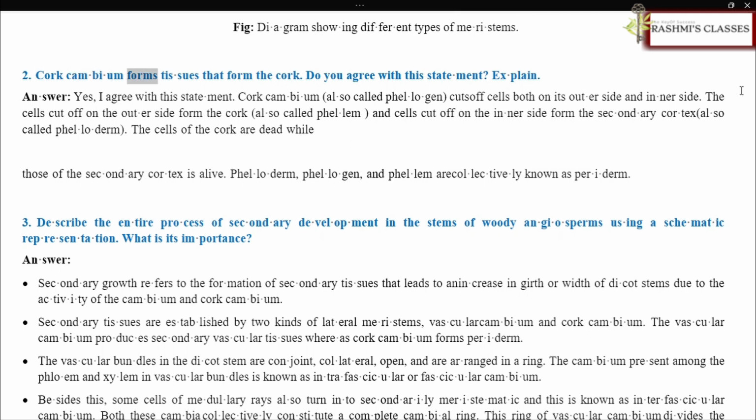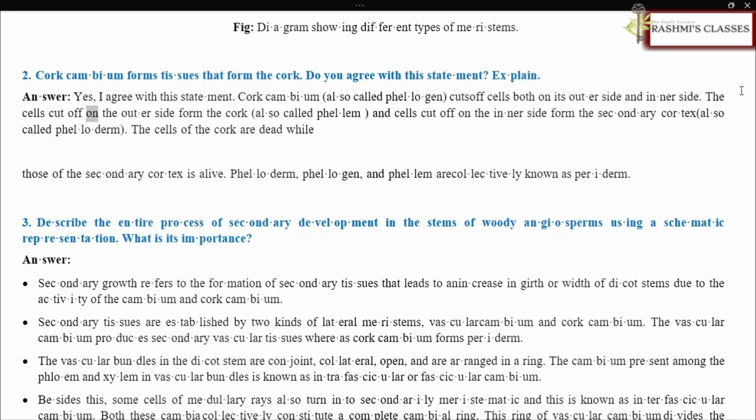Cork cambium forms tissues that form the cork. Do you agree with this statement? Explain. Answer: Yes, I agree with this statement. Cork cambium, also called phellogen, cuts off cells both on its outer side and inner side.